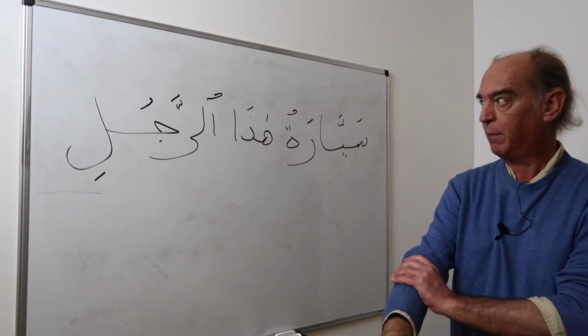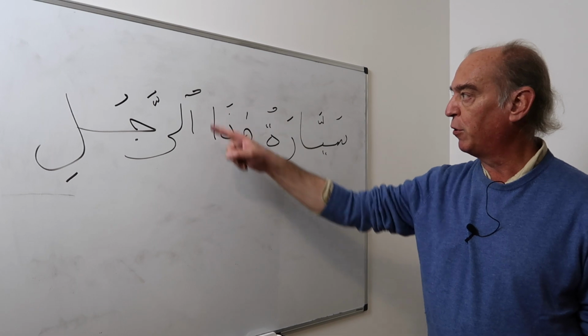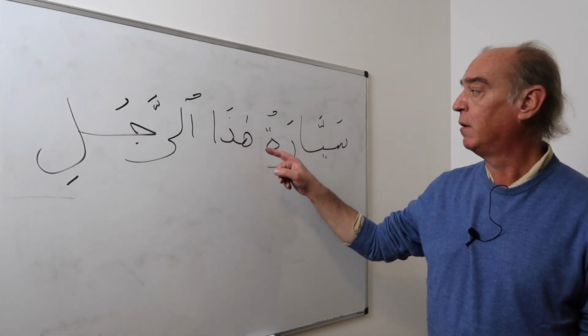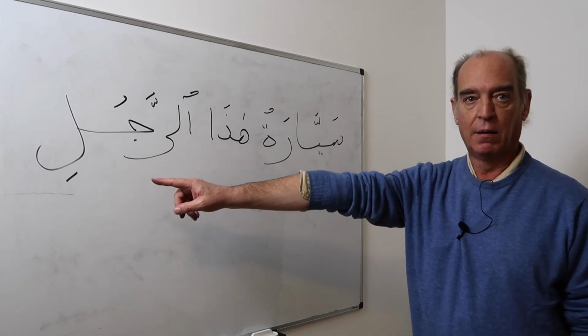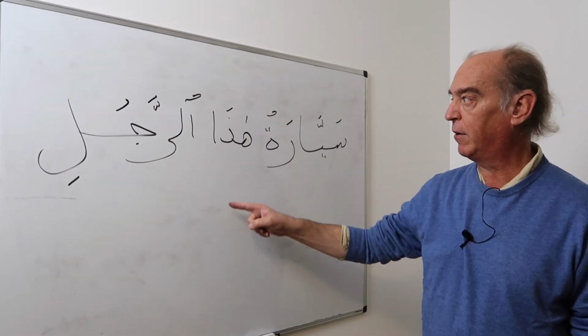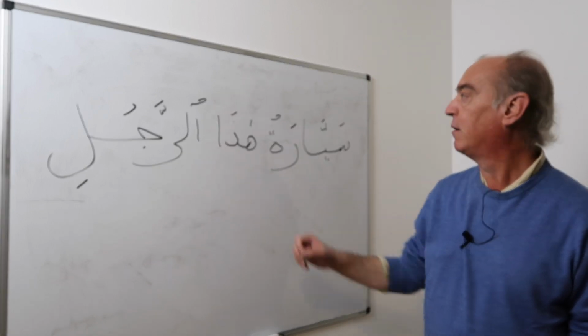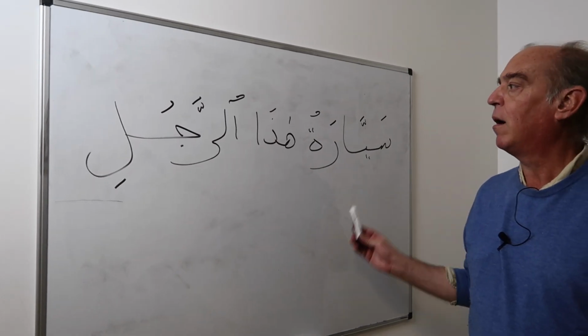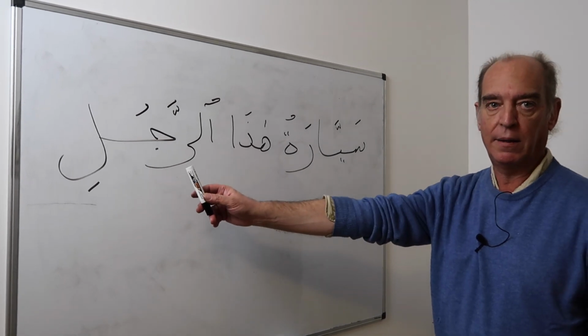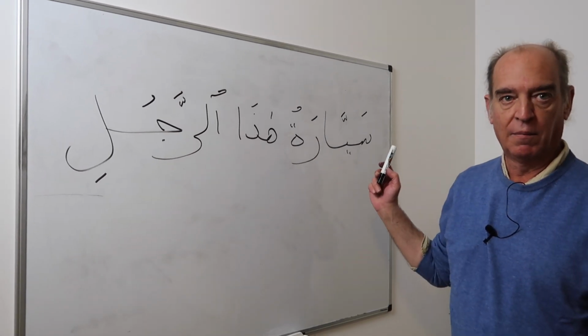And the exception is when you want to use a demonstrative. You want to say the car of this man. In this case you can insert the demonstrative. So sayyaratu hadha rajuli, the car of this man, this man's car.